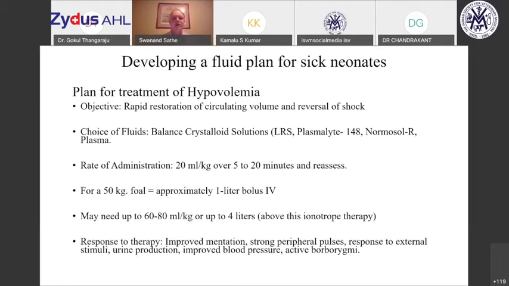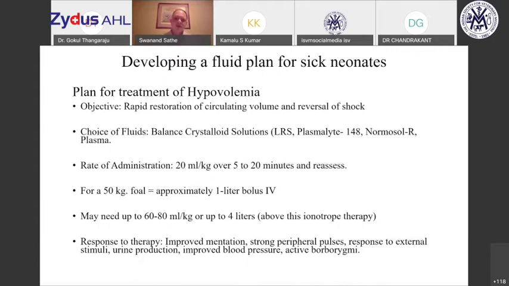Now, in some cases, you may have to repeat this therapy several times, up to a point where you may need 60 to 80 ml per kilogram of fluid in the first few hours, or up to 4 liters of fluid. In some cases, people have reportedly infused up to 200 ml per kilogram of fluid in the first 2 or 3 hours.